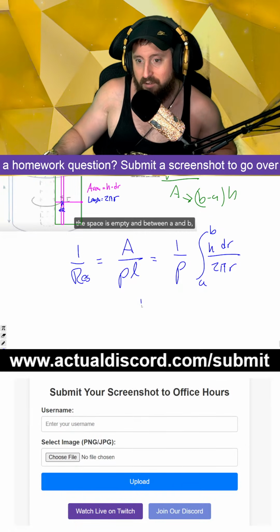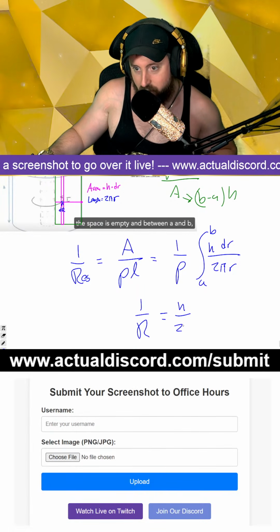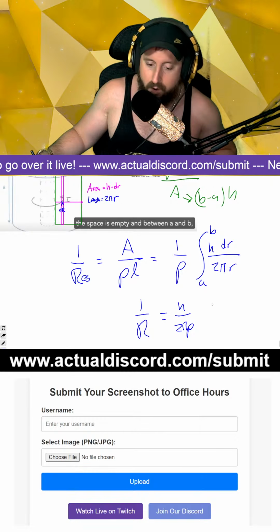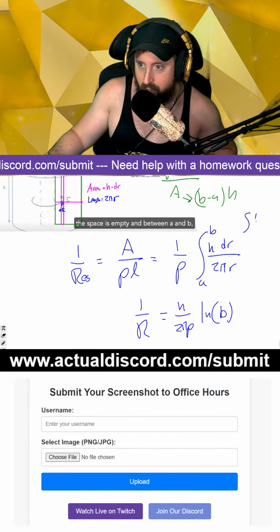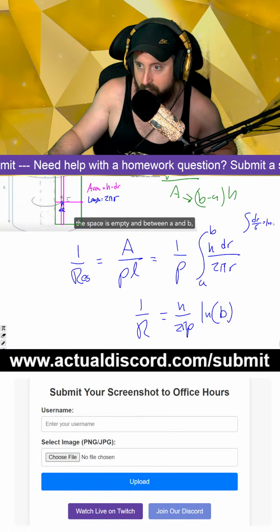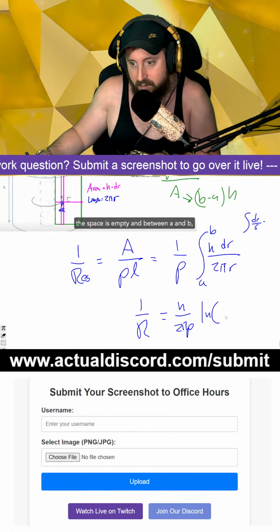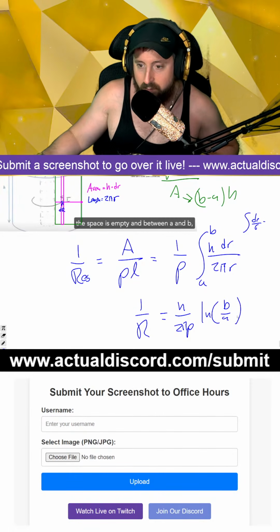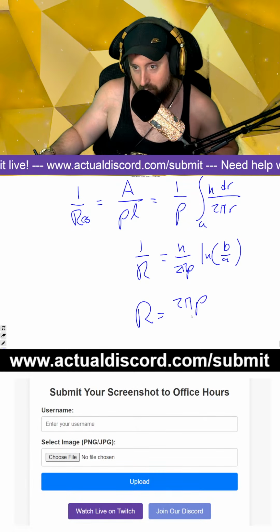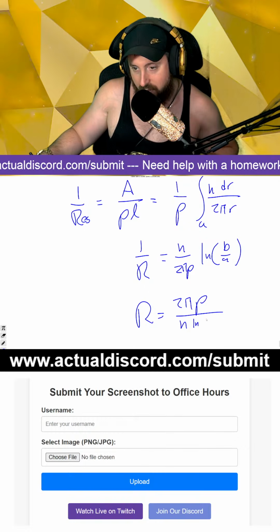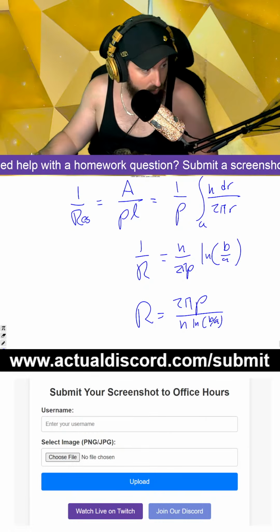So now you get 1 over big R is equal to h over 2 pi rho times the integral of dr over r, which is ln of r, and then this minus this is ln of b divided by a. Very cool. So now you flip it again, and resistance is equal to 2 pi rho over h ln of b over a. Cool.